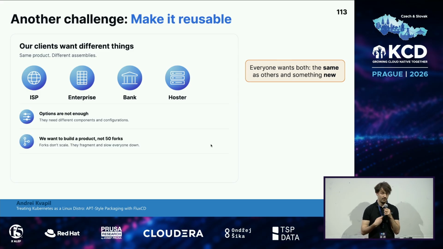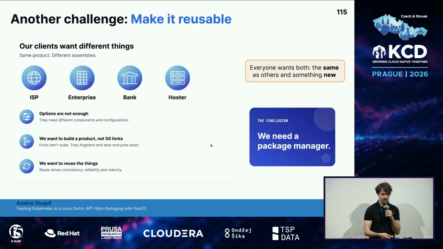And we, in fact, want to build a product, not 50 different forks which are difficult to maintain. That's the main goal of the business: you do the same thing for multiple people and sell it for the same price. So we just want a single product, and we want to reuse things.